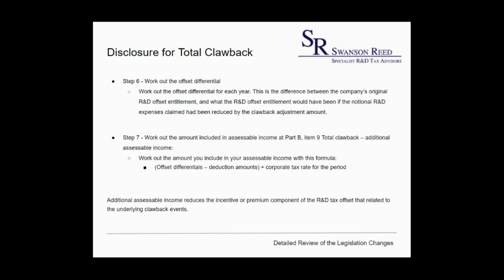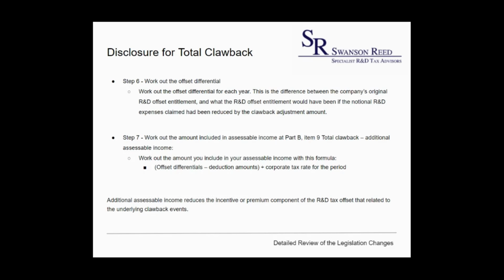Work out the offset differential for each year, which is the difference between the company's original R&D tax offset entitlement and what the R&D tax offset entitlement would have been if the notional R&D expenditure claimed had been reduced by the clawback adjustment amount. Step 7, work out the amount included in assessable income at Part B, Item 9.